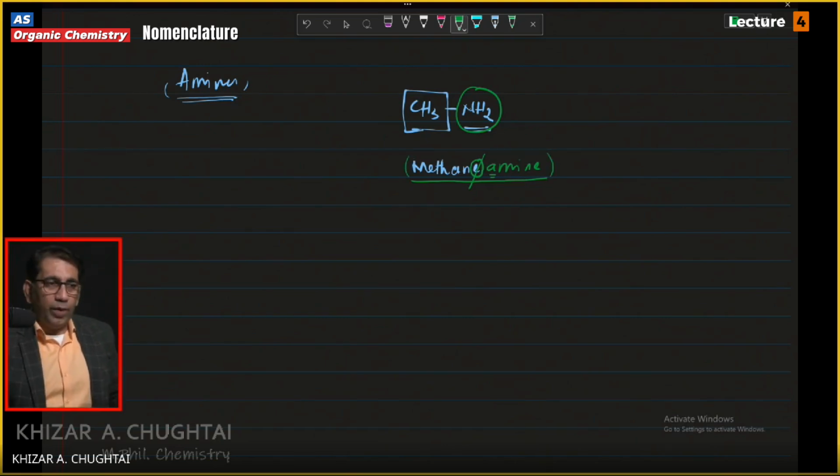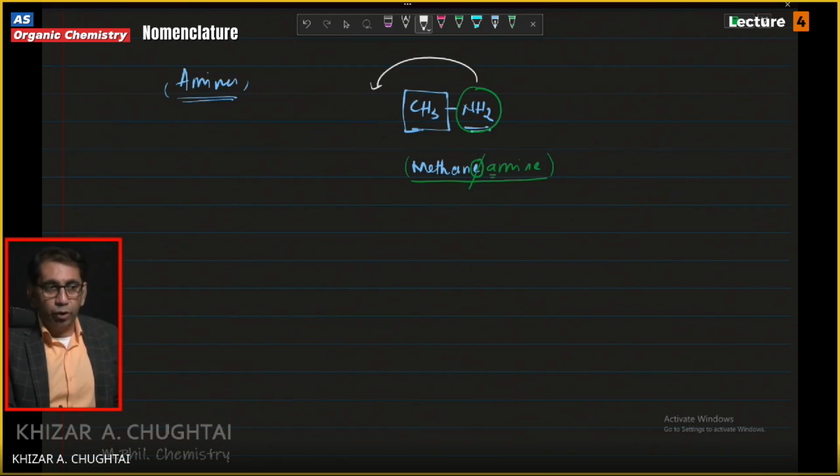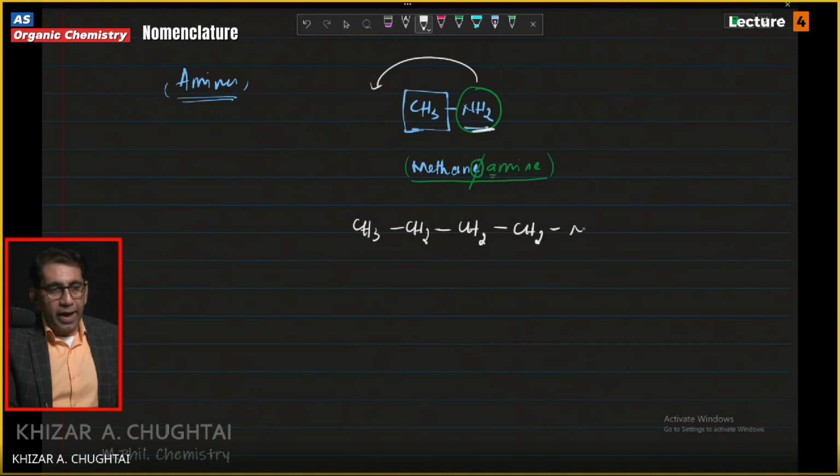There is another way: this functional group can also be written like a branch. I'm going to take another example. For example, I have CH3, CH2, CH2, CH2NH2. It's again an amine. A simple carbon with a nitrogen bond is called an amine.